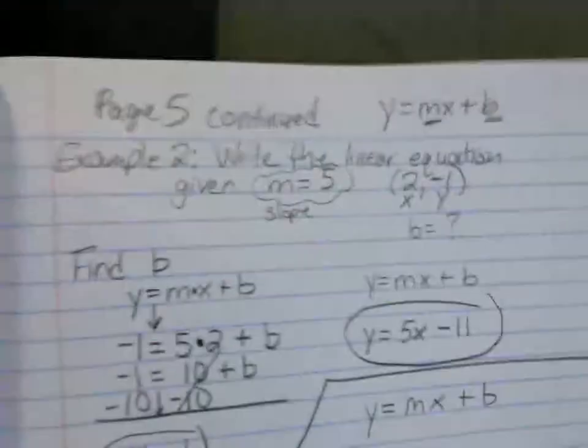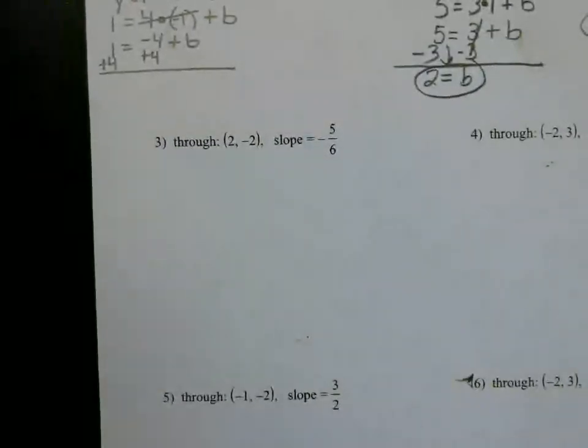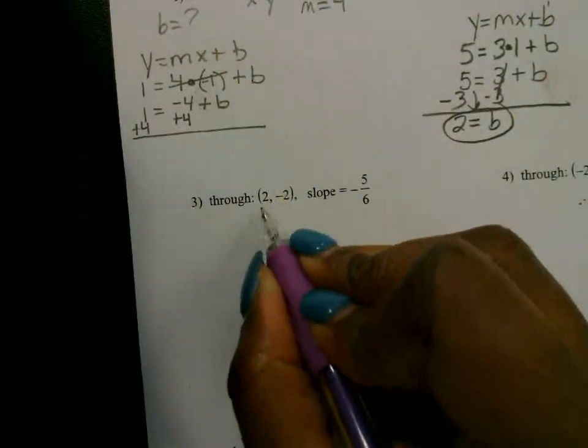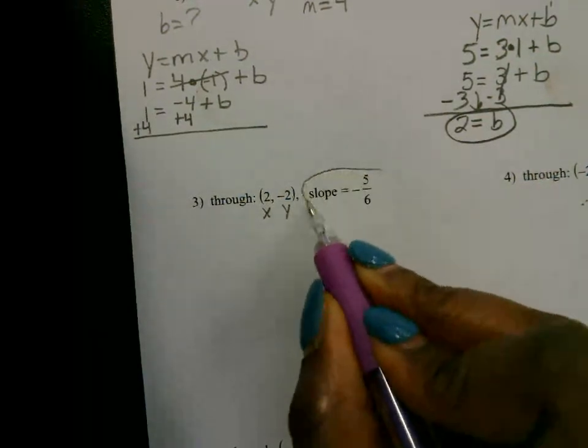All right, let me show you the one with the fraction because I have more than one question about it. Number 3. Okay, first you're going to label. This is X, this is Y. We have M. This is my slope.